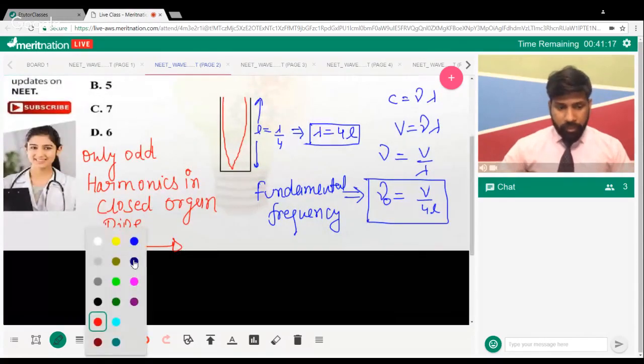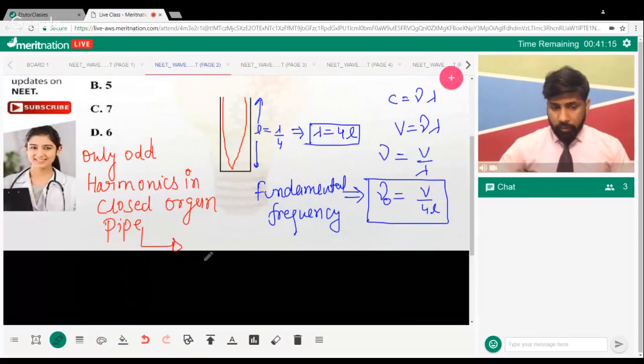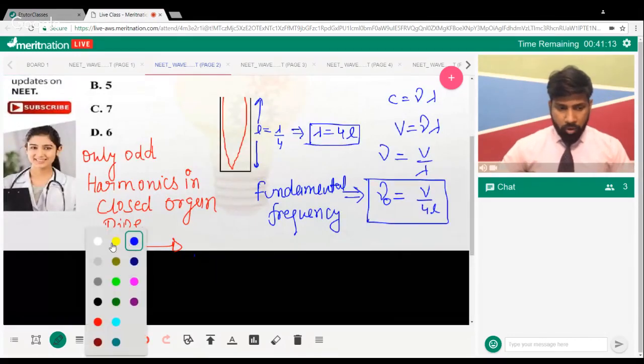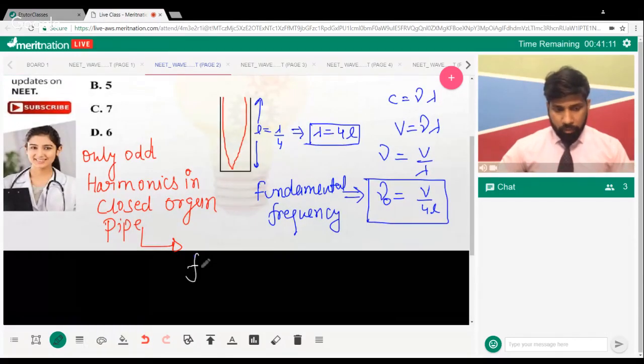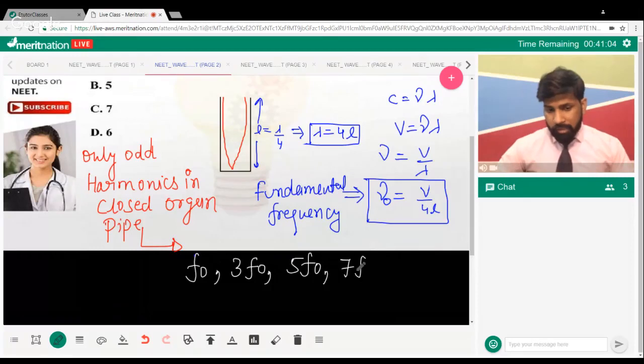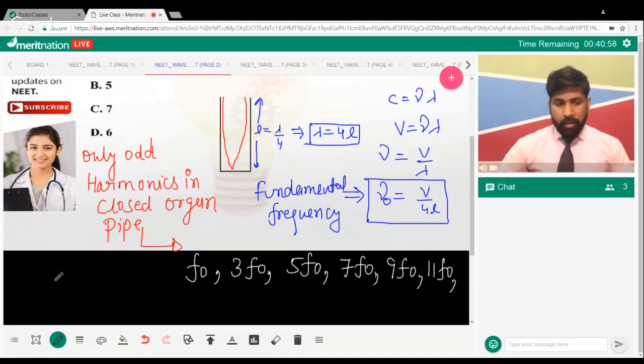That will be the fundamental frequency, suppose f naught. The next will be 3f naught, the third harmonic. Now fifth harmonic, seventh harmonic, ninth, 11th, and so on. Here f naught is the fundamental frequency.